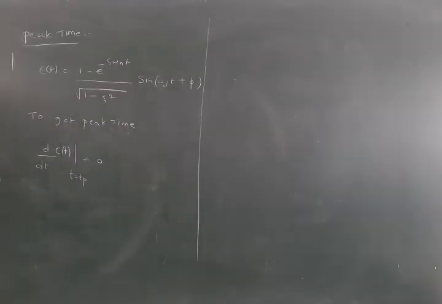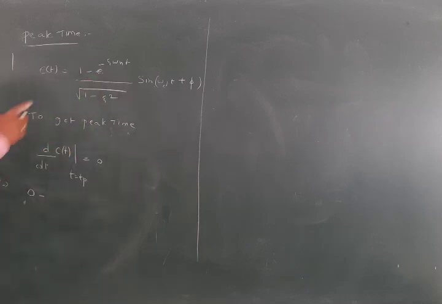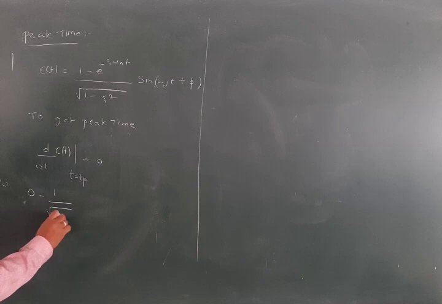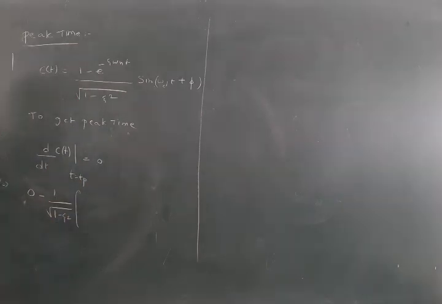Making this a derivative, we write 0 is equal to, after differentiation of this equation, 1 is differentiated as 0, so it becomes 0 minus, now 1 by square root of 1 minus zeta square is common. If we take that as common, you can write the uv rule, u dv plus v du rule, and simplify this equation.